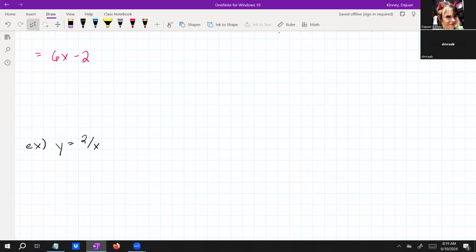All right, I added this one because these are sometimes a little scary to deal with when you have a fraction. There's a trick. There's always a trick. All right, I'm going to use h again.